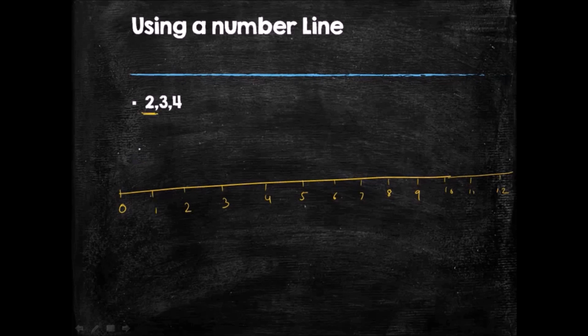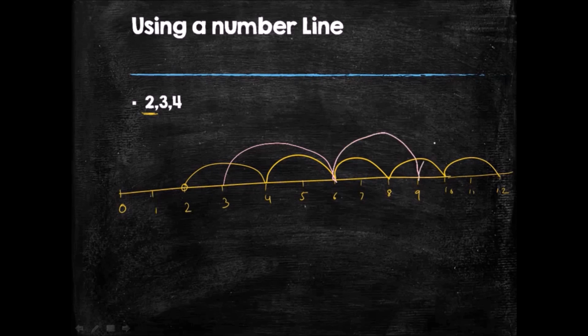So for 2, we have to start with 2 and then jump 2 steps. 2, 4, 6, 8, 10, 12 and so on. Now for 3, we need to start with 3 and we have to jump 3 steps. So I would arrive at 6 and then 9 and then 12.